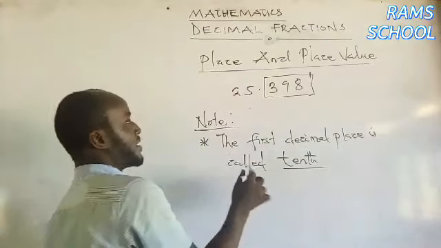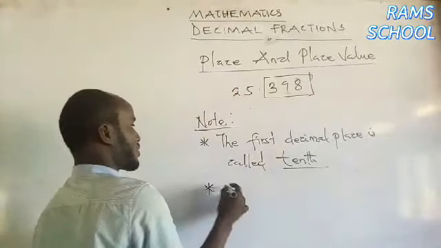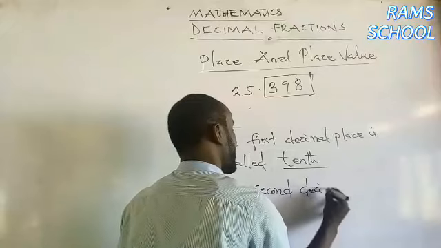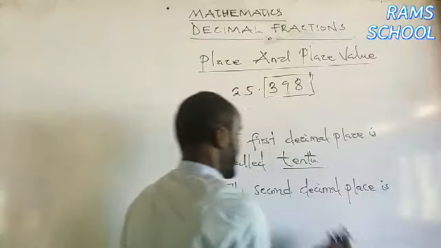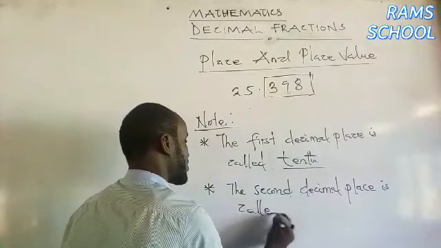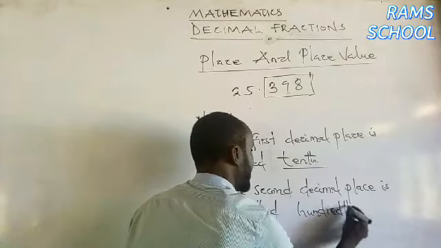And the second decimal place, which is the 9, is called hundredth. That's the second decimal place.